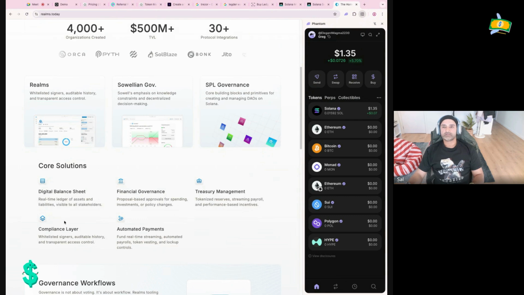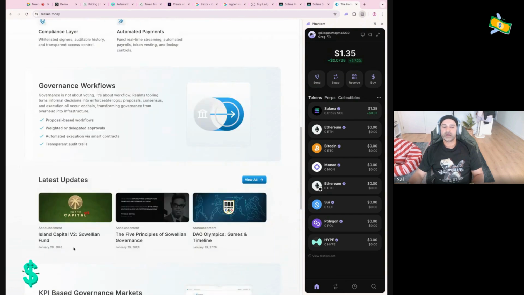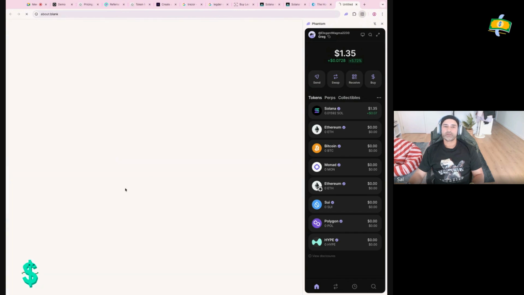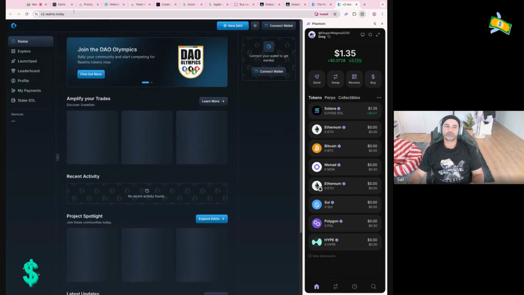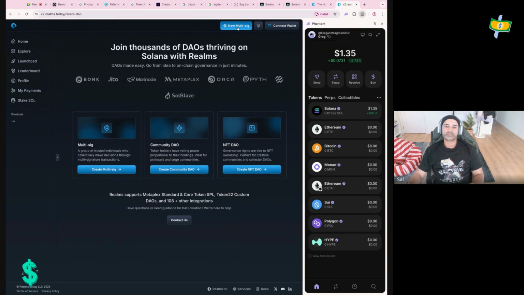It is also linked to, I think, Marshall Islands DAO, so you can actually create a company all on chain on Solana using their app. If you go to v2.realms.today, you'll be able to create a DAO and a multisig, and that allows you to do very similar things to Squads, but in some ways different, because over here you're voting not just about money and programs and validators and members. You're actually voting on things.